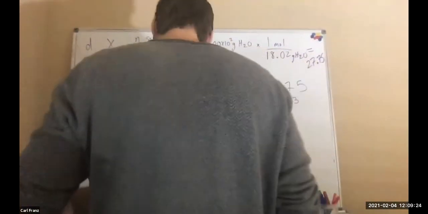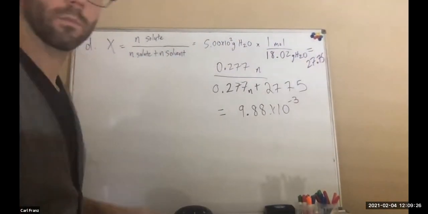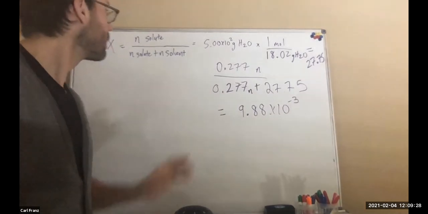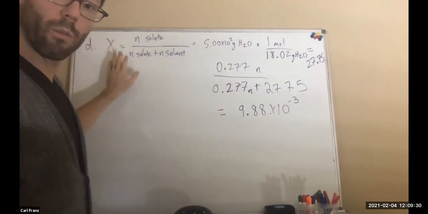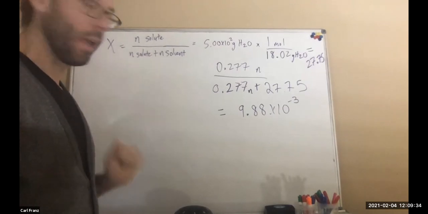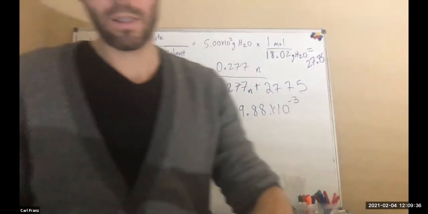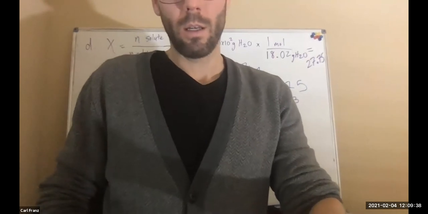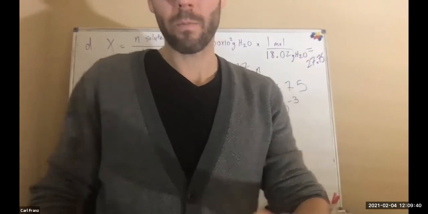Okay. So moles of solute over moles of solute plus moles of solvent. And then what was the last one? Mole percent. Okay.